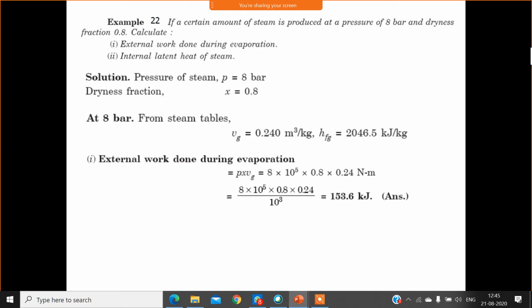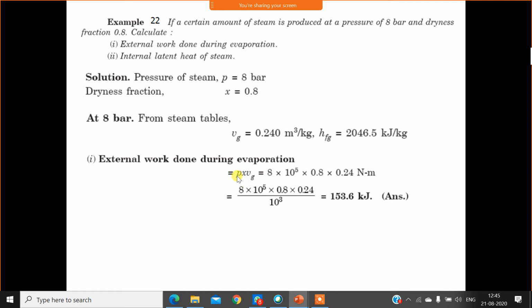We have seen in the first unit also, when the piston is displaced in the cylinder, the pressure and the volume displacement is the work done. In this case also, pressure into volume is the work done. Since steam is wet, the specific volume will be x into vg.